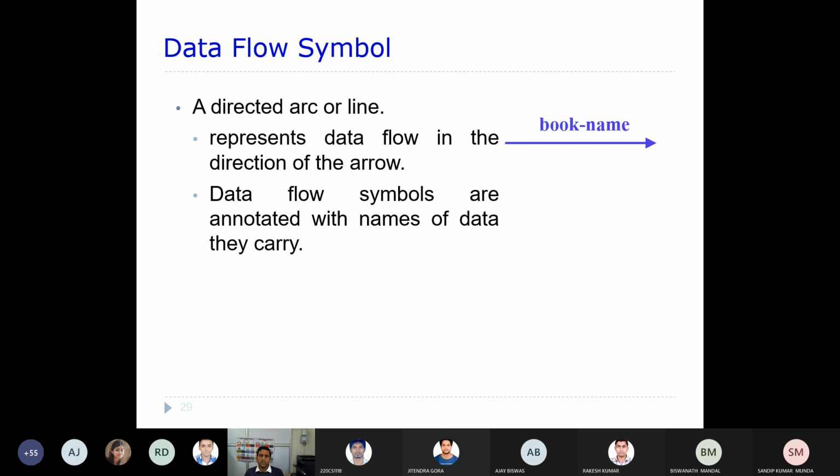Let's say you are going to input the name of the book to the search book function. So this is the data flowing. From where to where? The data may flow from an external entity to a function, from one processing to another processing, or from one function to another function. This is how it works.